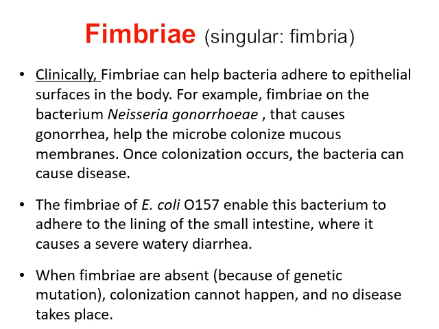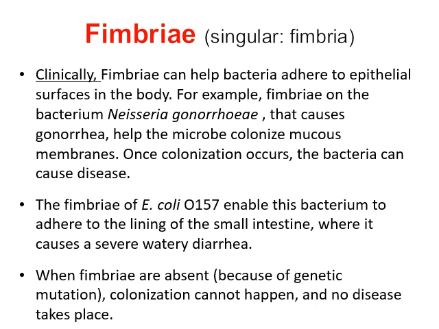So that means only the strains of Neisseria gonorrhoeae which have this fimbriae can cause the disease gonorrhea. If they don't adhere to the mucous membrane, they cannot cause the disease. Fimbriae of E. coli O157 enable it to adhere to the lining of the small intestine where it causes severe watery diarrhea.